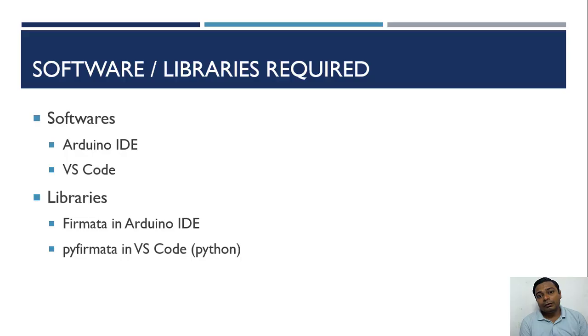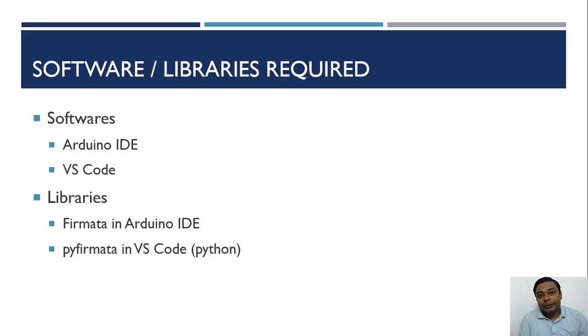In this example, we are going to write a Python code and run it in VS Code instead of an actual Raspberry Pi. The libraries required for this experiment are, first, the Firmata library, which is required in the Arduino IDE, and the other one is pyFirmata, which is required in VS Code. It is a Python library to control the Arduino board.